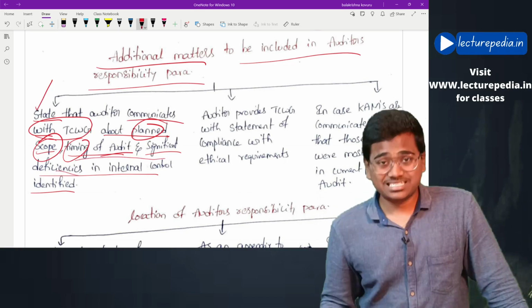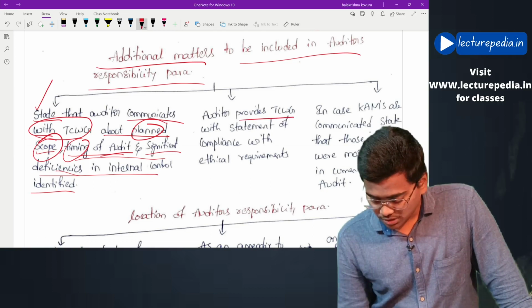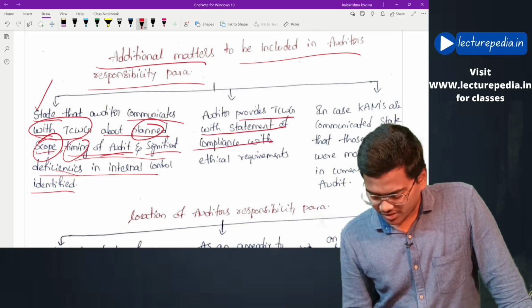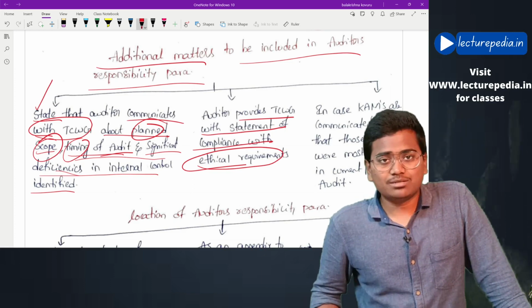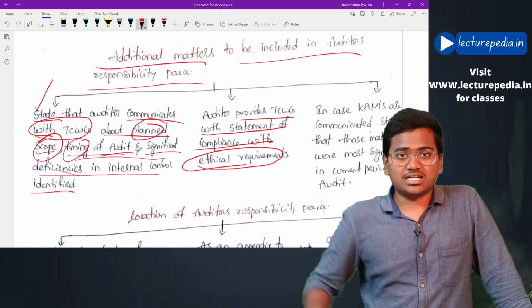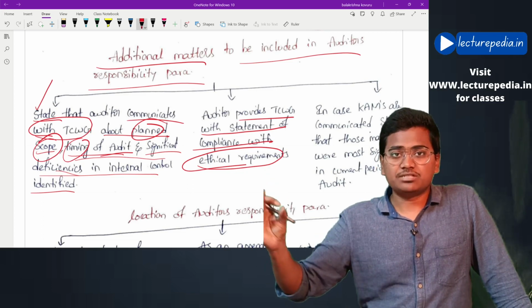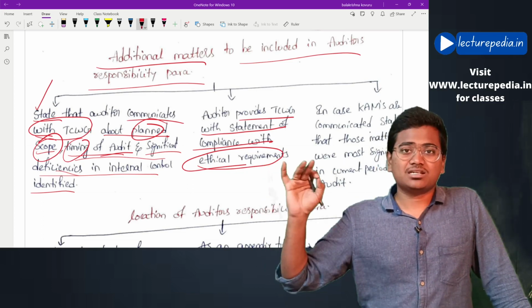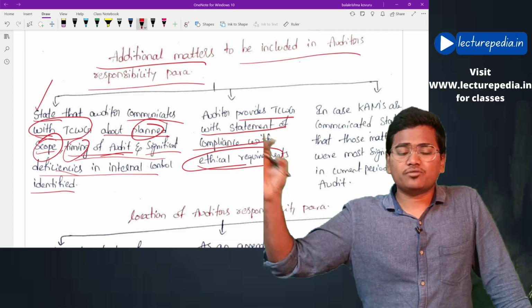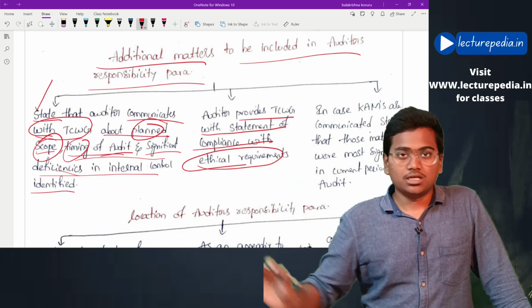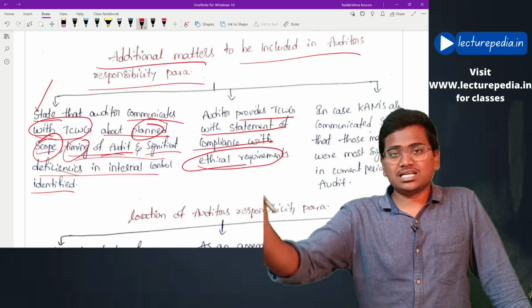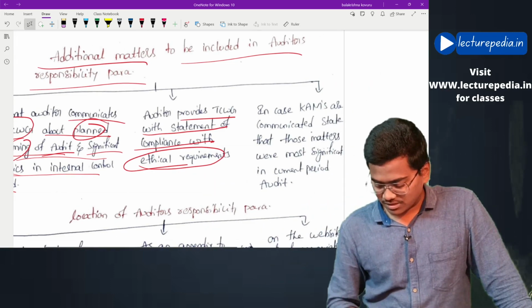Okay, next, auditor has to provide those charged with governance with a statement of compliance with ethical requirements. Okay, the code of ethics has prescribed certain ethical requirements, 5 ethical requirements: integrity, objectivity, confidentiality, professional behavior, and professional competence and due care. These 5 are the ethical requirements that I will comply with. Okay, relating to that, a statement has to be given to those charged with governance.